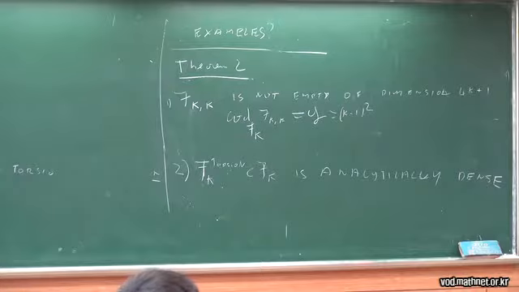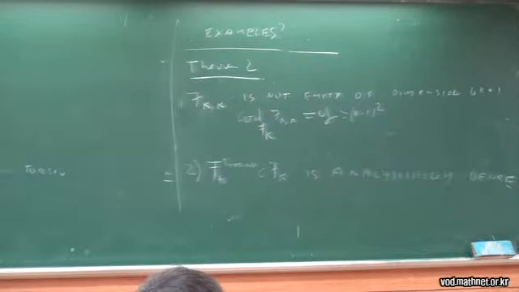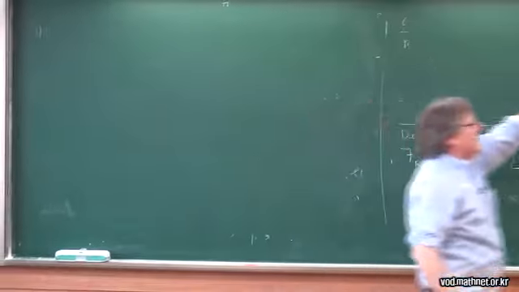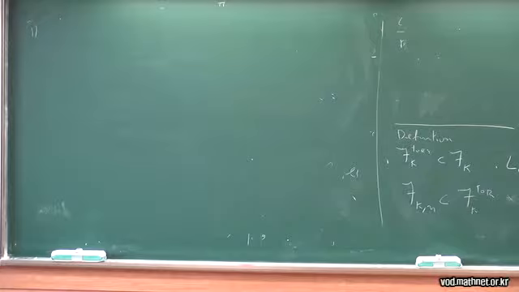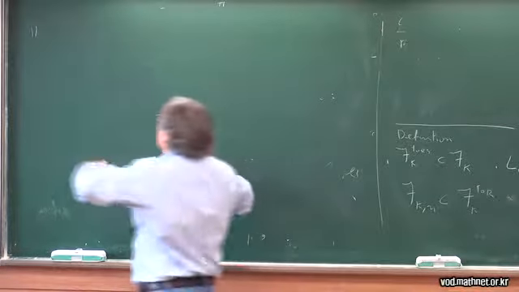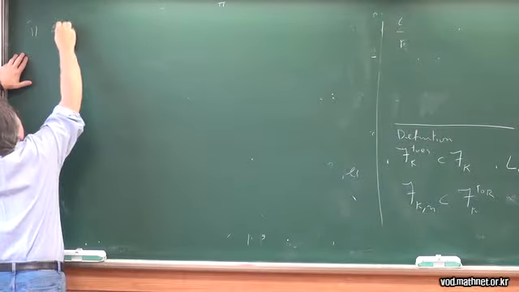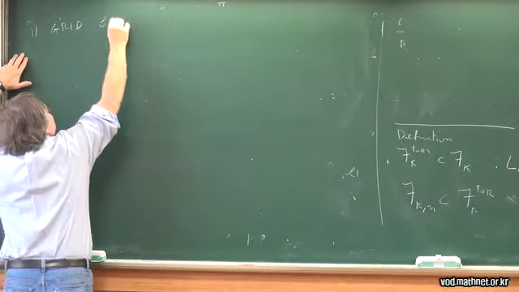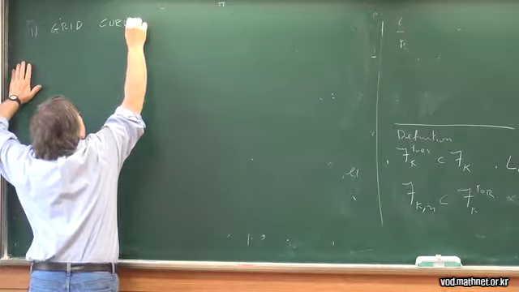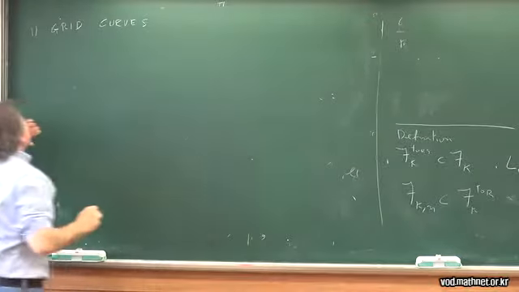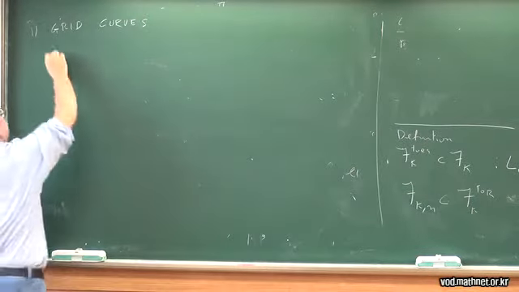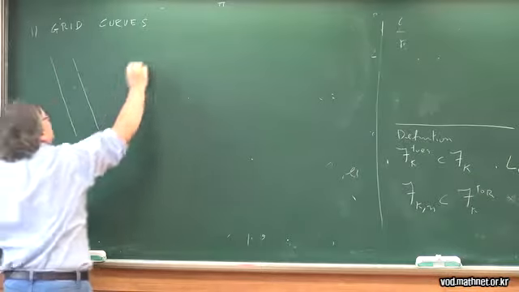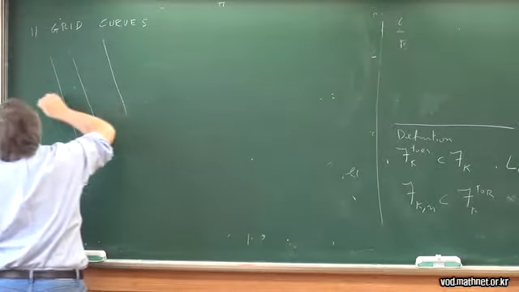So the first part is in fact the example, but there are other little examples. This is called the grid curve. We call these grid curves. So we take k lines on P1 by P1.